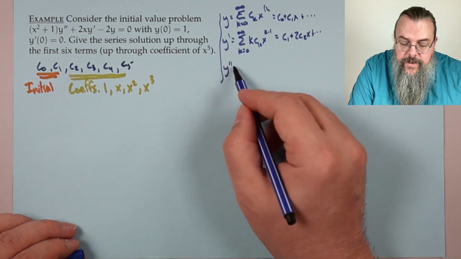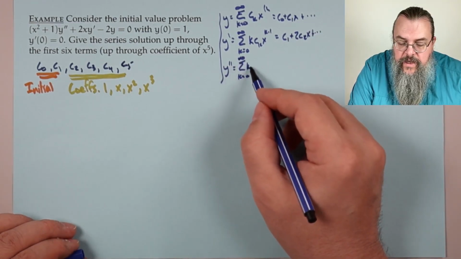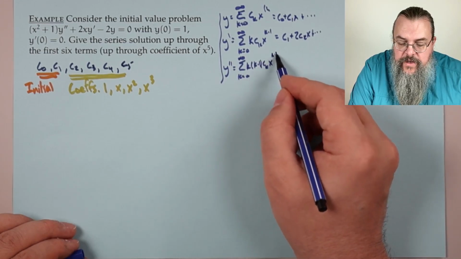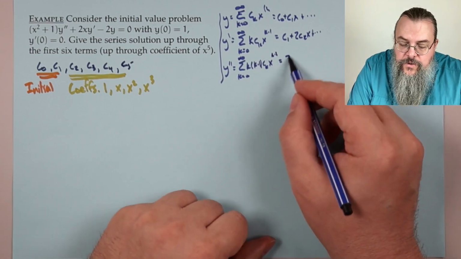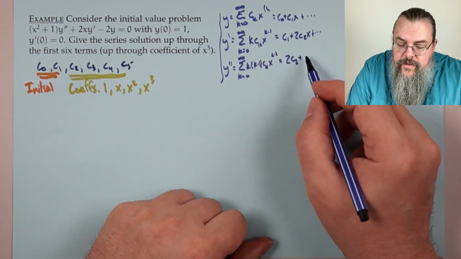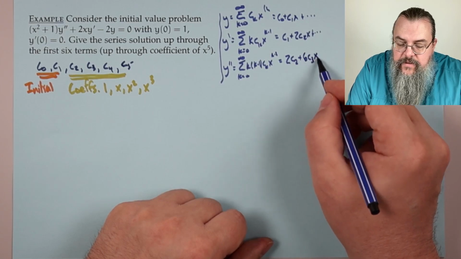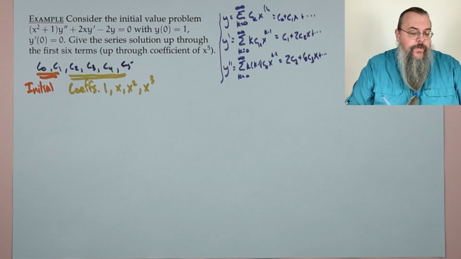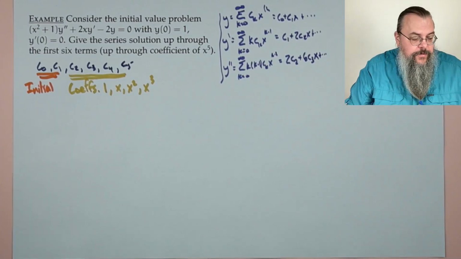And y double prime is the sum, k equals 0 to infinity, k(k minus 1) c_k x to the k minus 2, which begins as 2c2 plus 6c3x, and so forth.